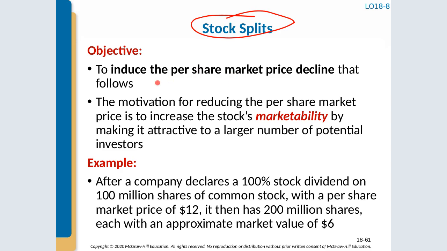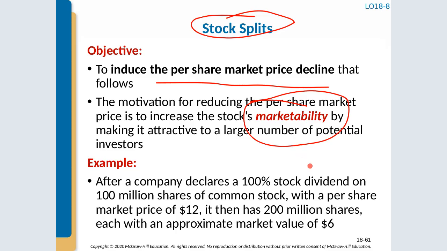I'm still waiting for stock splits for Amazon, Google, those that have a very high per share price, but there's no stock split on the horizon for those companies. Again, one of its objectives is to decrease market price to increase marketability. Maybe you want to have a larger number of potential shareholders. So the stock split will achieve that.